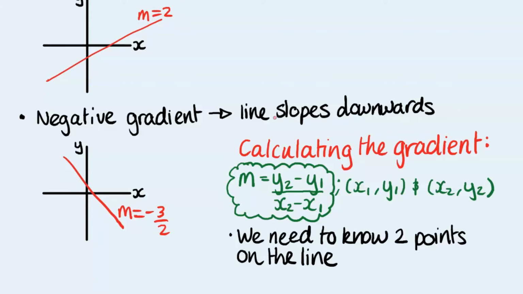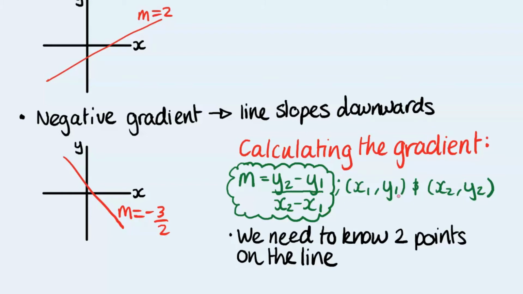So, and lastly, there's a formula we need to remember on how to actually calculate the gradient of a straight line. Okay, so this is the second formula I need to remember for this topic. What this is saying is that the gradient is equal to y2 minus y1 all over x2 minus x1. Okay, so what is y2, y1? What is x2 and x1?